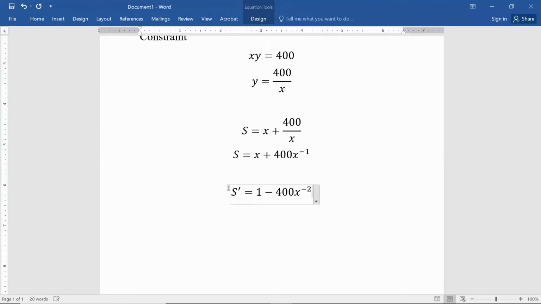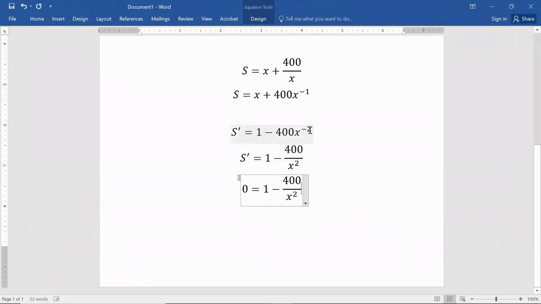Or you could have also written that as 1 minus 400 divided by X squared. We set that equal to 0 and solve it. I think this is probably just as easy to solve in the 400 over X squared version, so I'll do it that way. You could have also solved it with the X to the minus 2 version.